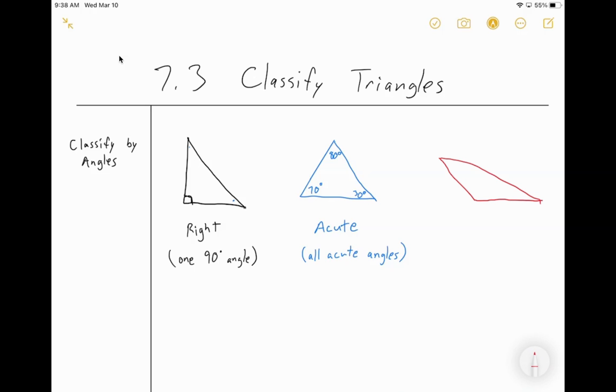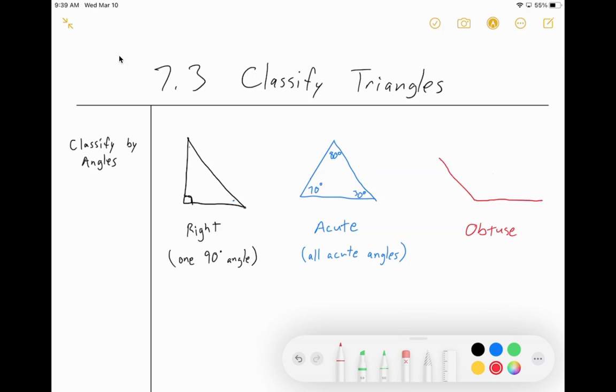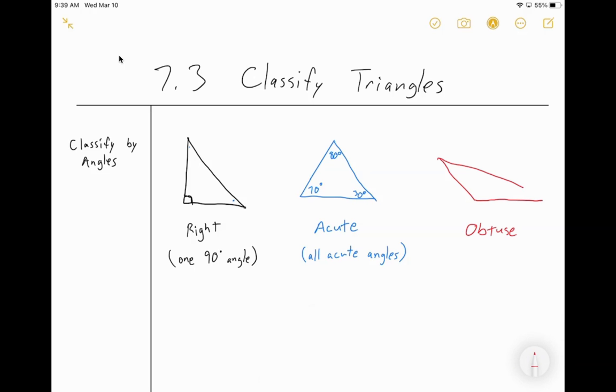an obtuse triangle. Sorry for my drawing. Let me try that one again. An obtuse triangle has one obtuse angle. And it can only have one obtuse angle.